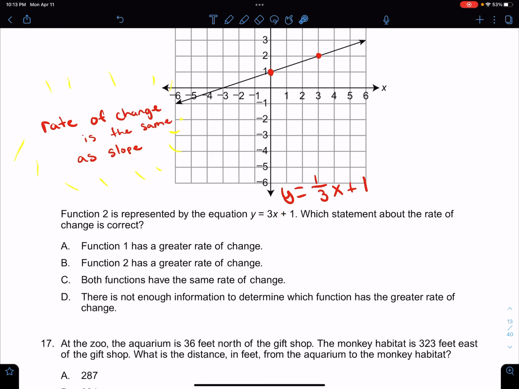Function 1 has a slope less than function 2, because this one is 1/3 and this one is 3. So my answer is B. Function 2 has a greater slope because 3 is greater than 1/3.